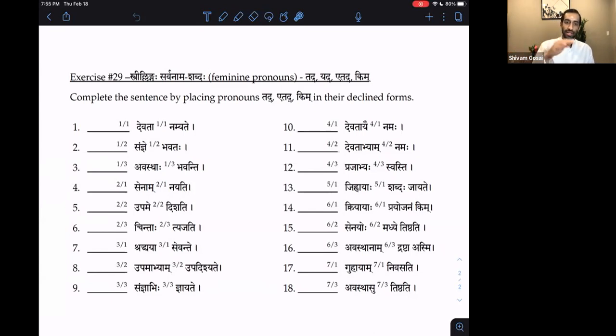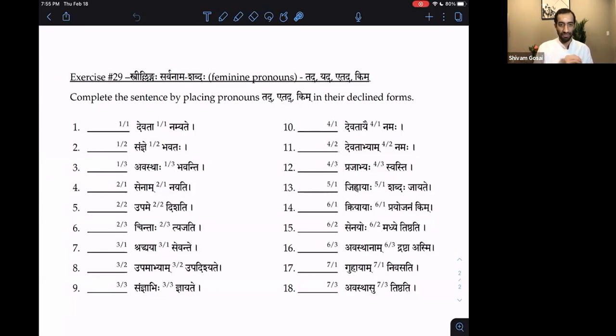And then we say sa, ya, esha, ka, ta, sa, ya, esha, ka, right? So that devata is saluted, that which devata is saluted. This devata saluted. What devata saluted?